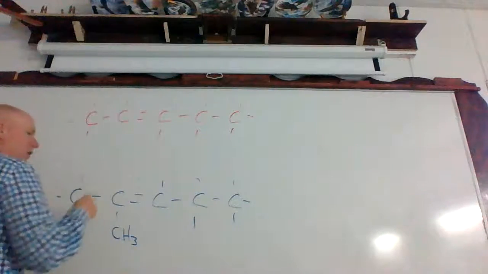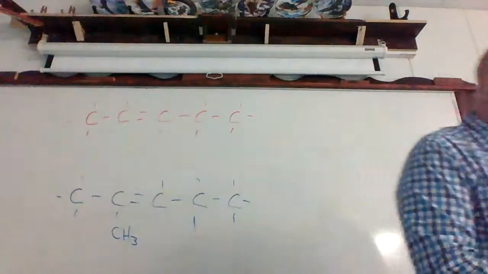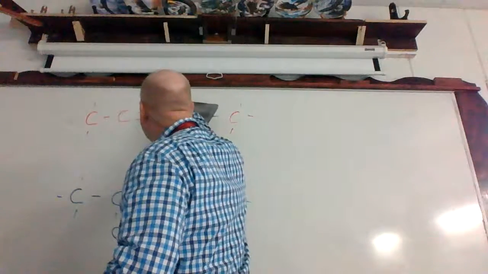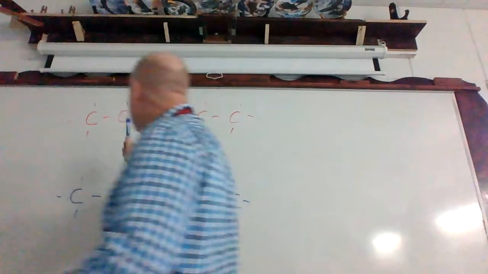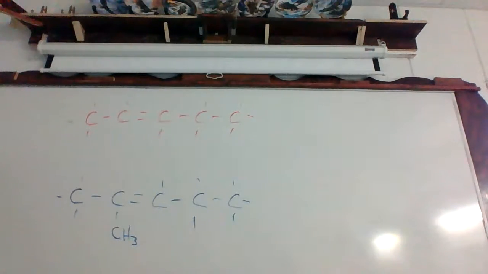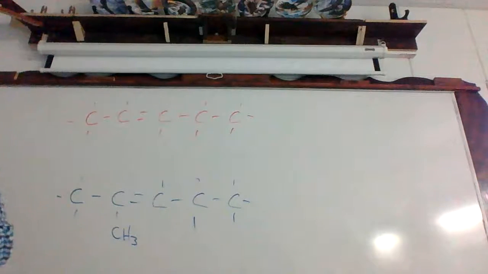Okay, so what we were getting at earlier was the idea that if there's nothing indicated after the number, that's just saying where your bond is. When we apply those rules, the longest continuous chain is what?